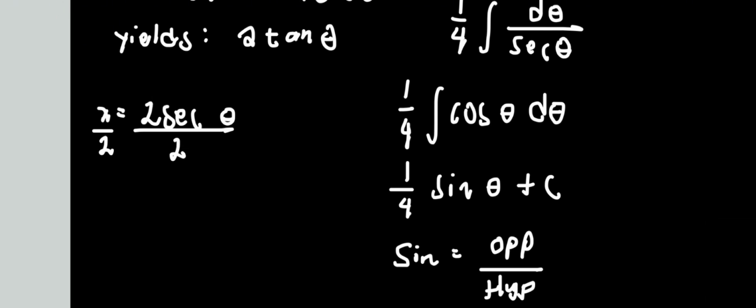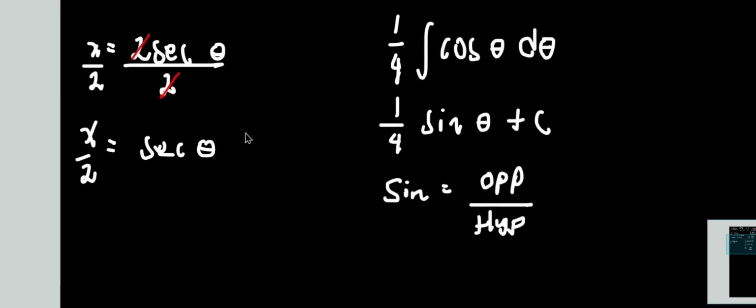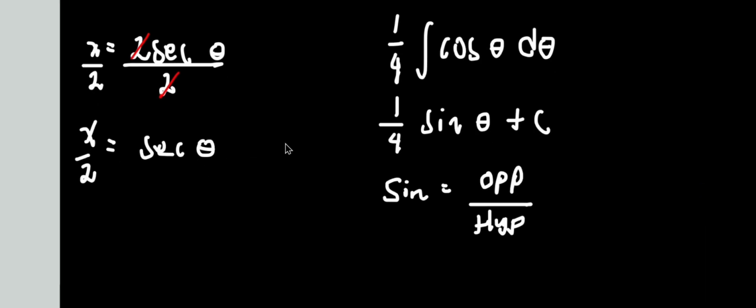So this would be cancelled. So x over 2 equals secant theta. Since secant theta, its reciprocal identity is cosine, and cosine is CAH.